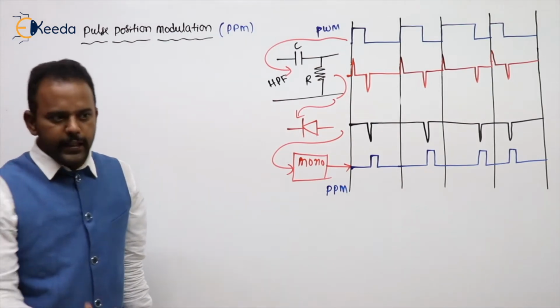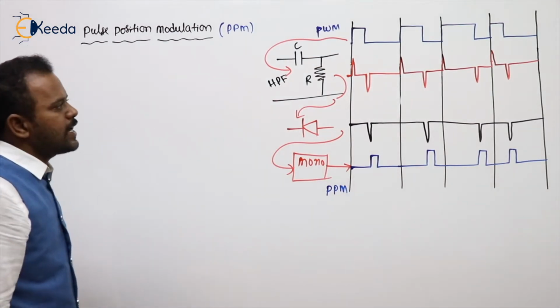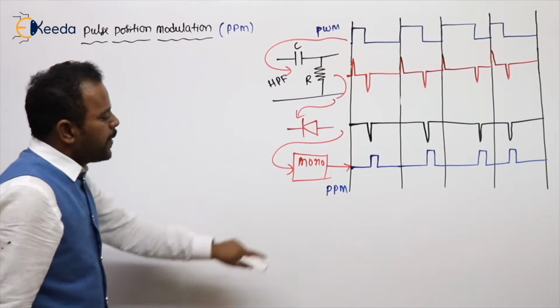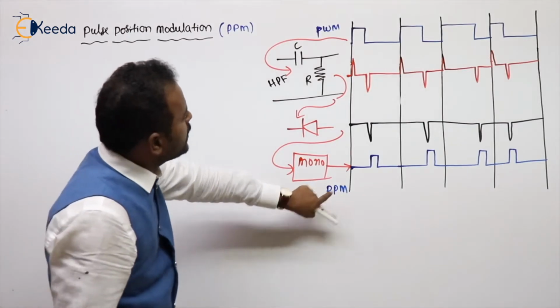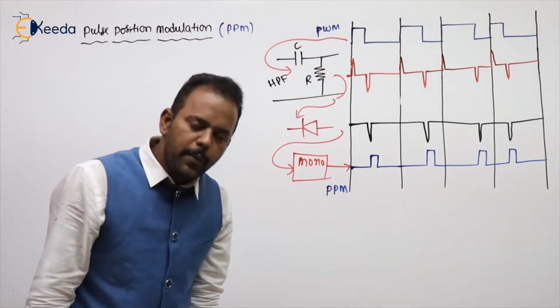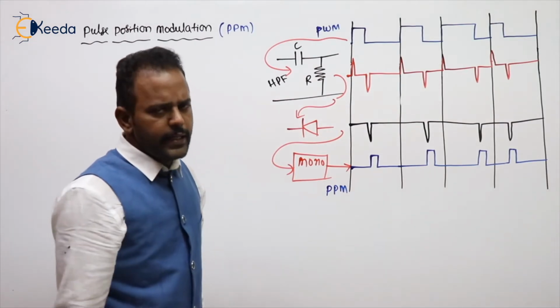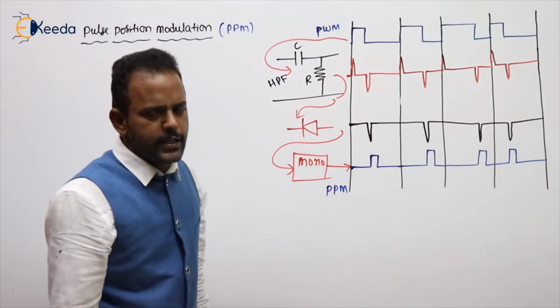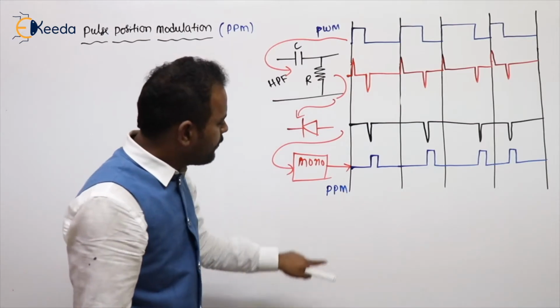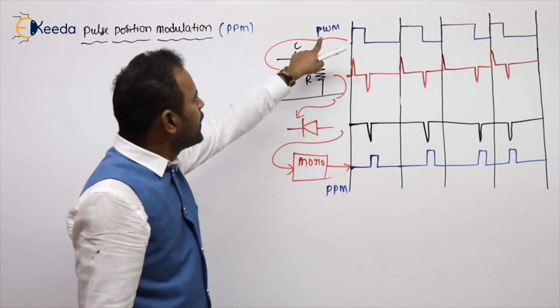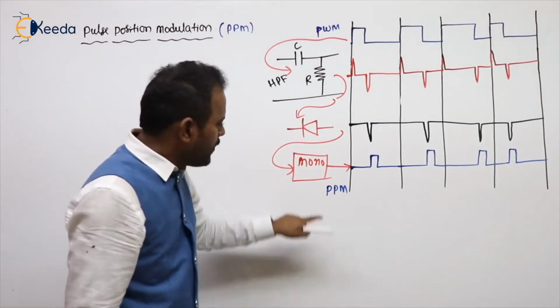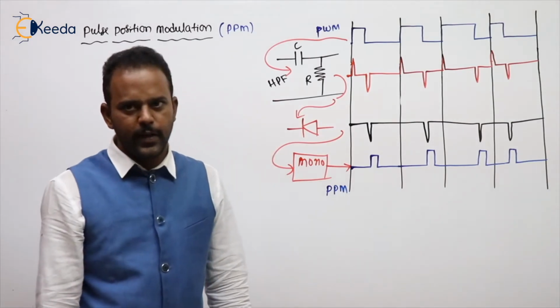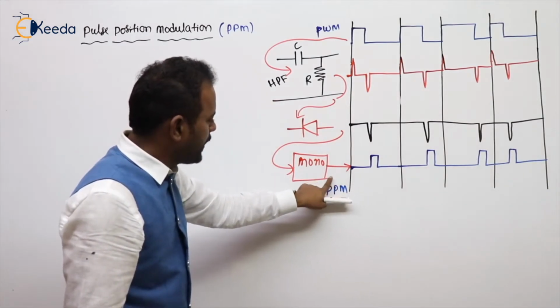Now, on the demodulation side, what did I tell, sir? On the demodulation side, PPM is first converted into PWM. PWM is detected by using the integrator circuit, I told. How are we converting PPM to PWM? Let's follow. I already have the PPM.